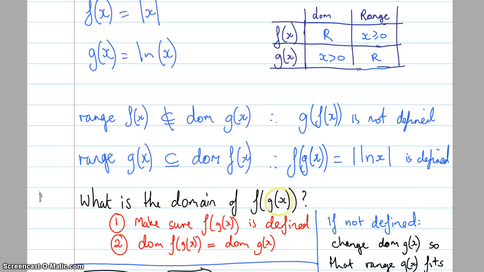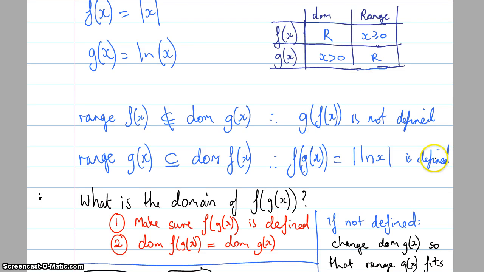Now, if the graph is defined, like most of the ones that I've seen, if the range of the middle is a subset of the domain of the outside, then I can just say that the domain of the new graph will be the domain of the inside graph.